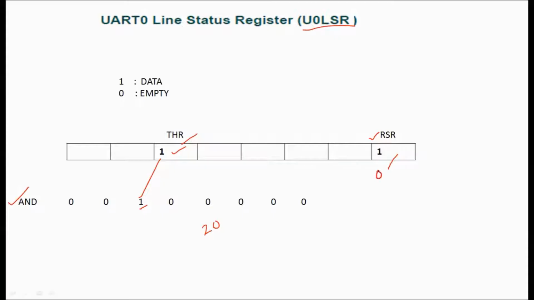Now we are interested only in this bit, not the transmission bit. So we'll AND it with 0, 1. And if the result of the AND operation is 0, 1, it indicates that the character is received, and now we can read that character. So this logic we will use while transmitting and receiving data.